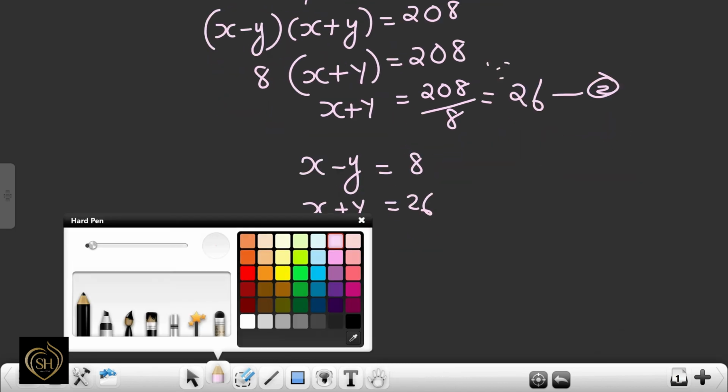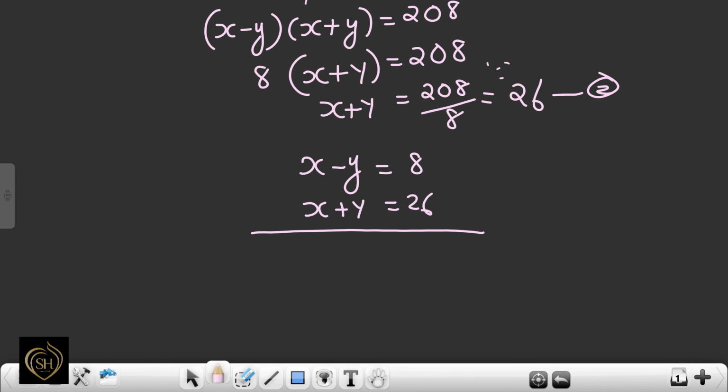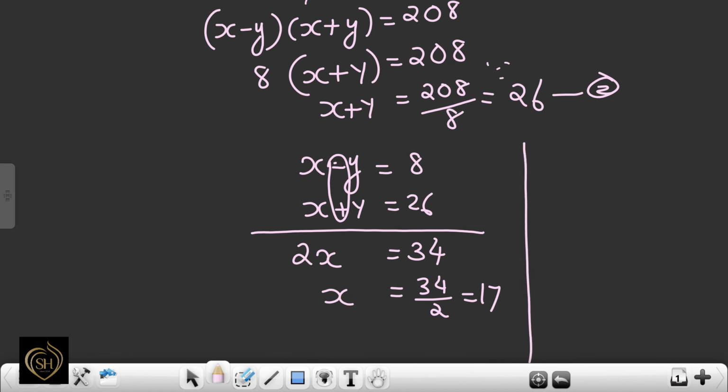Now, solve for x and y. Here, both have different signs, so we add: 2x is equal to 34. x is equal to 34 by 2, which is 17. Now, substitute the value of x in either the first equation or the second equation.